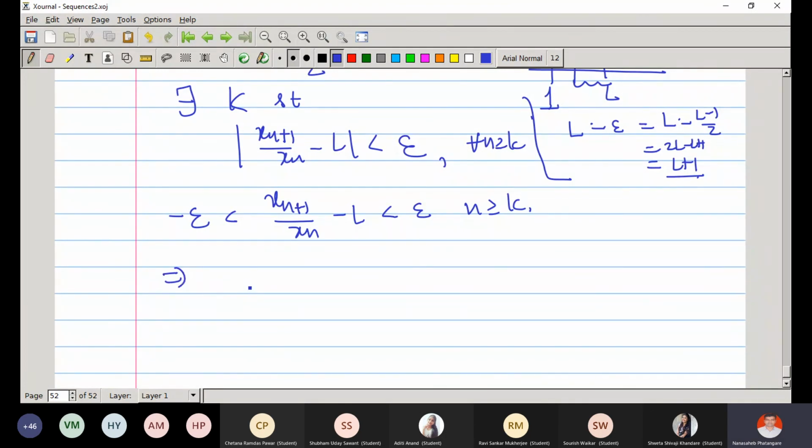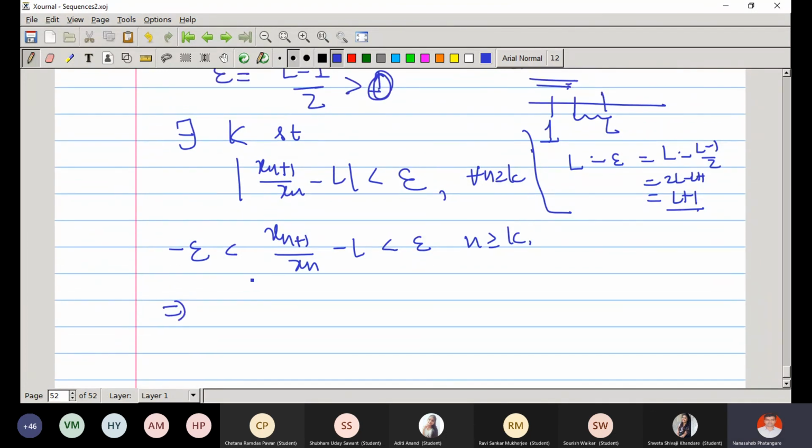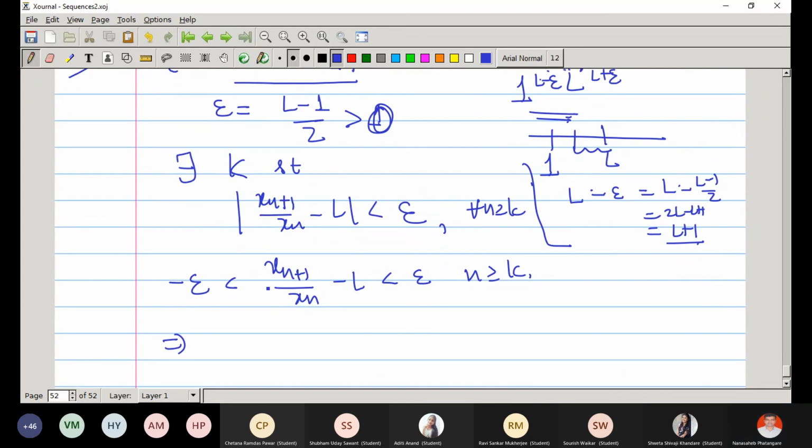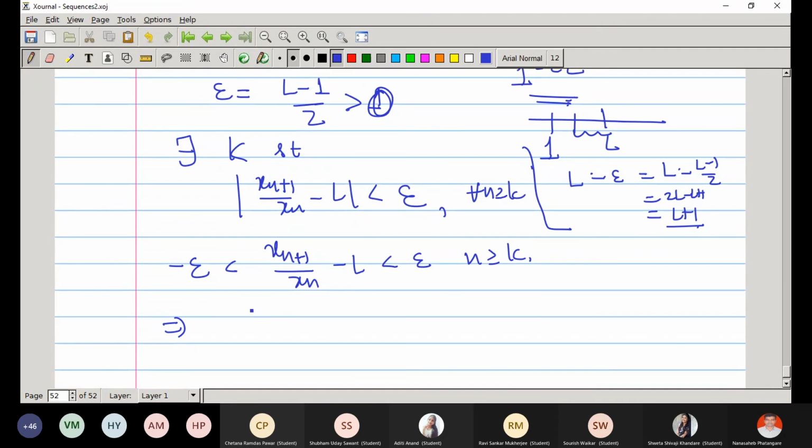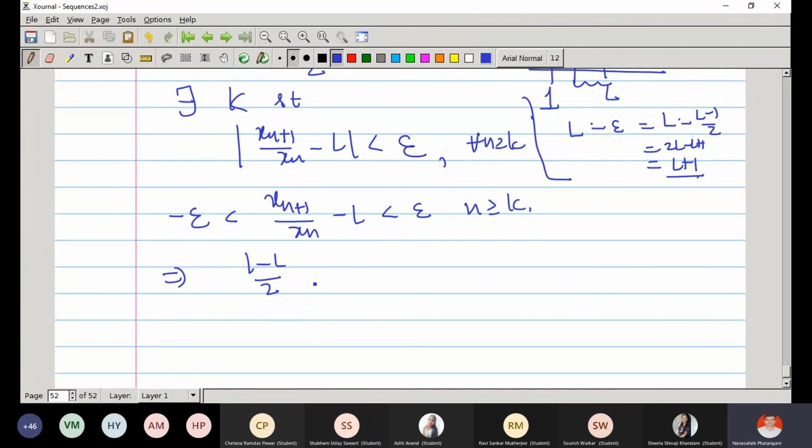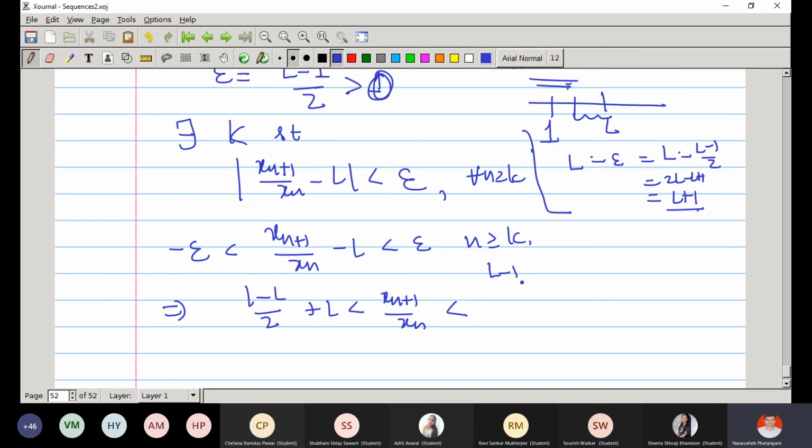Right? And what does it mean? So what is minus epsilon? 1 minus L by 2. Right? So L plus (1 minus L) by 2 is less than xn plus 1 upon xn, which is less than L plus (L minus 1) by 2.